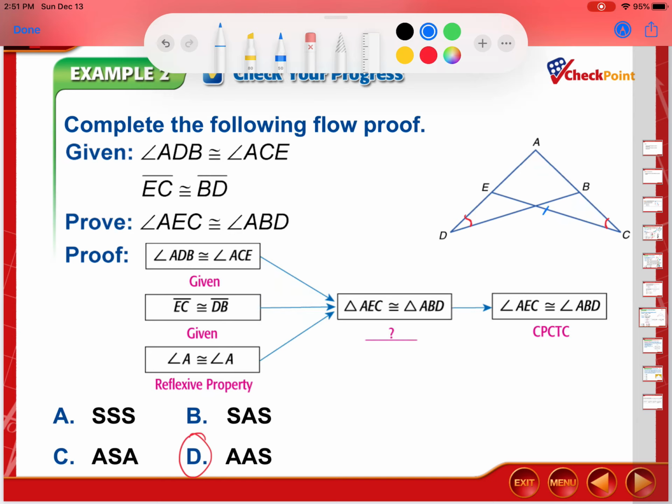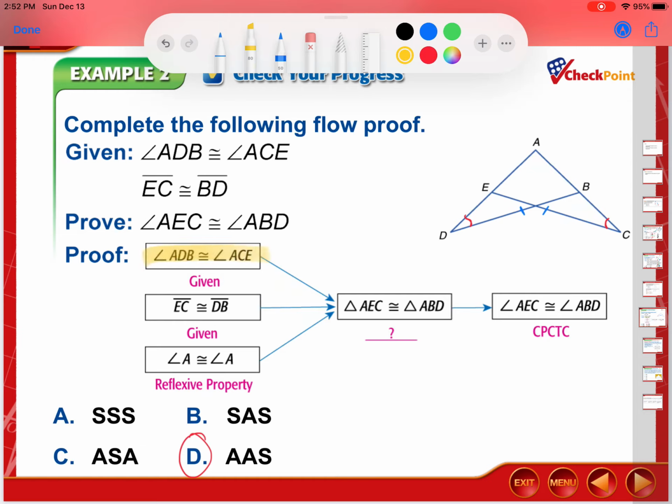So I'm going to label that in the picture. Then they also tell us that side EC is the same as side BD, okay? Now, they want us to prove that angle AEC is congruent to angle ABD.